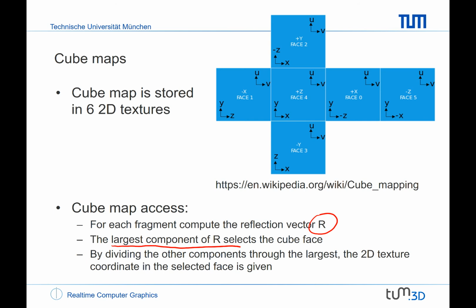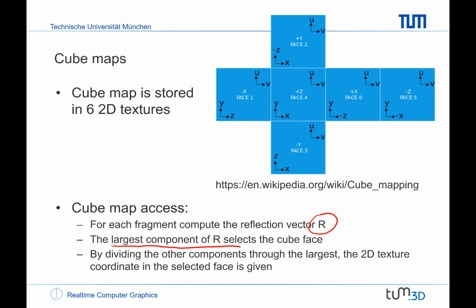Just position yourself at the cube map center. Try to imagine that this cube is centered at that point, lying around you. Now take an arbitrary vector, call it R, and try to compute through which of the cube map faces this vector is going, or with which of the cube map faces this vector has an intersection.